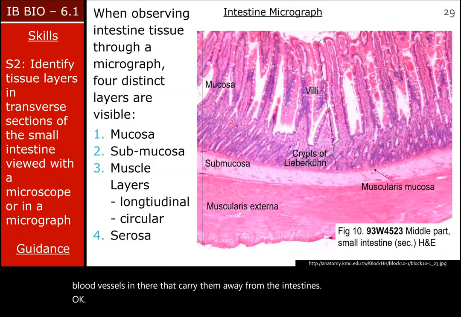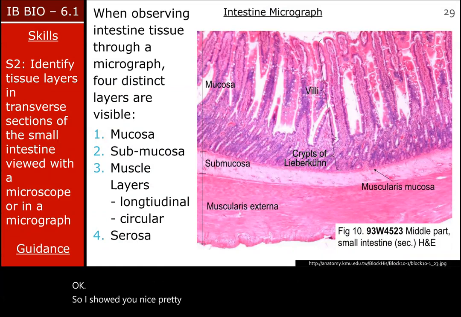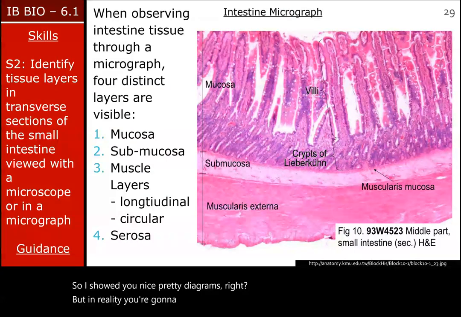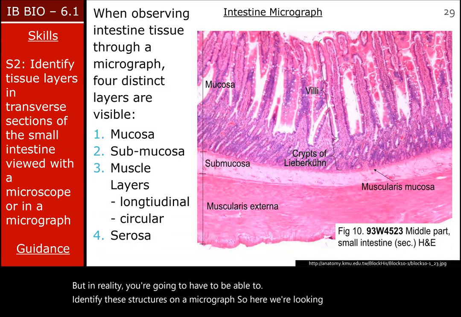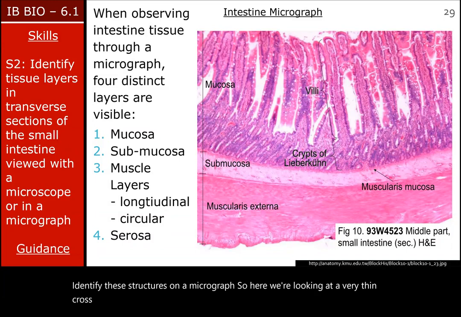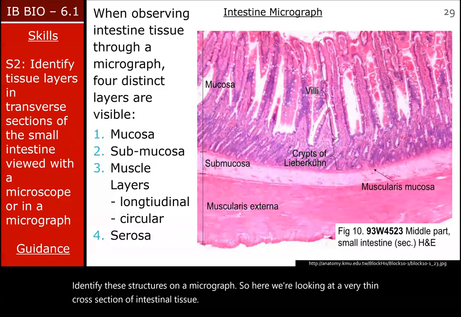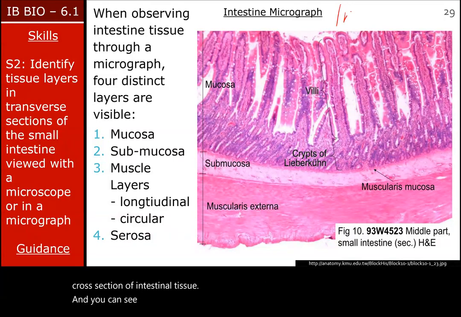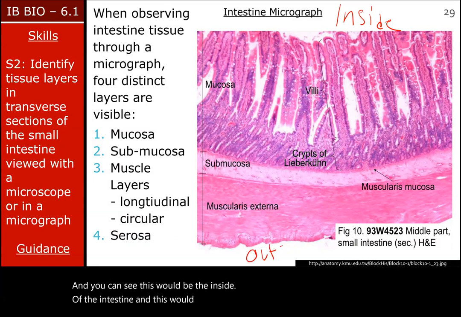So, I showed you nice, pretty diagrams, right? But in reality, you're going to have to be able to identify these structures on a micrograph. So here we're looking at a very thin cross section of intestinal tissue. And you can see this would be the inside of the intestine, and this would be the outside, right?